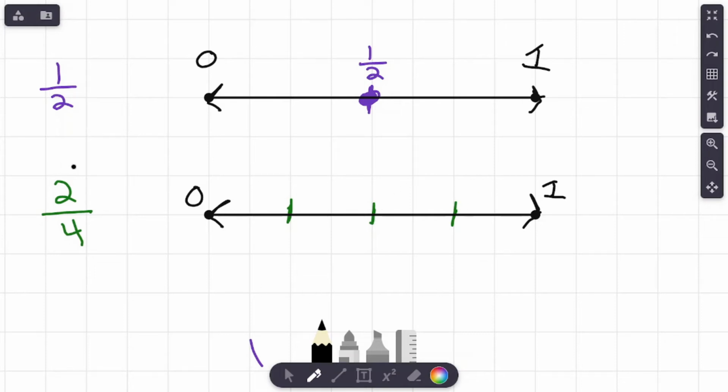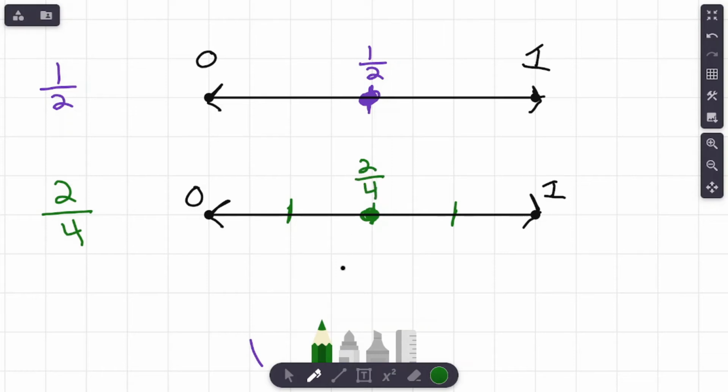Now, taking a look at our numerator, it is 2. So we need to put our 2/4 wherever 2 sections would be. So let's take a look. We start at 0. We've got to go over 2 equal sections. 1, 2. Here we go. We're going to be right here. I'm going to put a big old dot there. All right, this is where 2/4 is at.